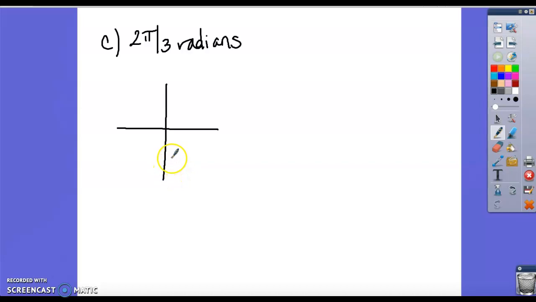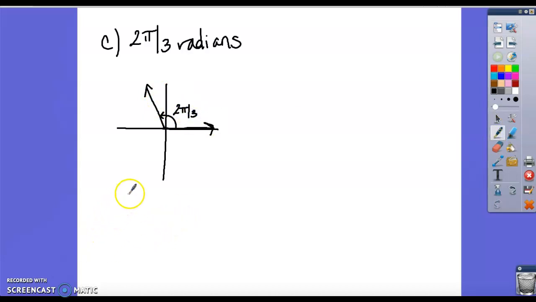If you convert this to degrees, it's 120 degrees, so it's going to be about here. But I'm going to keep working in radians, so I'm going to leave it as 2 pi over 3.